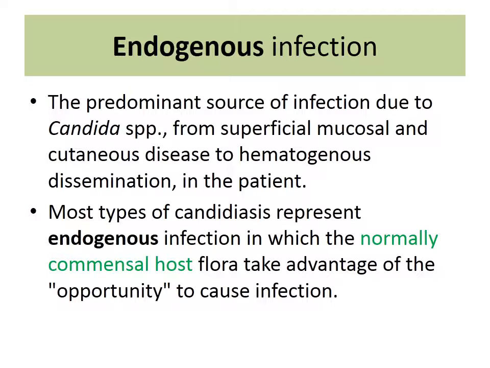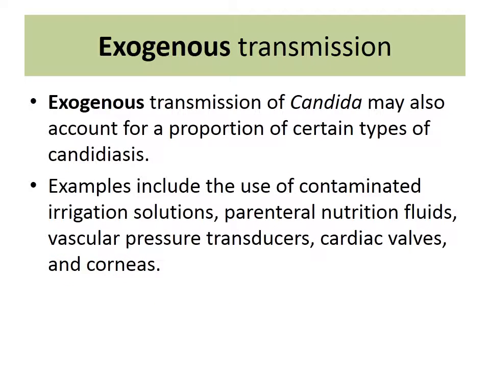As I said, Candida is your normal flora, right? So you are yourself giving your own flora the chance to cause infection to yourself. It's not exogenous, it's not coming from outside. Your own flora is taking advantage of you if you give them an opportunity. As compared to exogenous, where it comes from outside, for example in irrigation fluids, parenteral nutrition fluid, and so on. Anything from outside goes in.